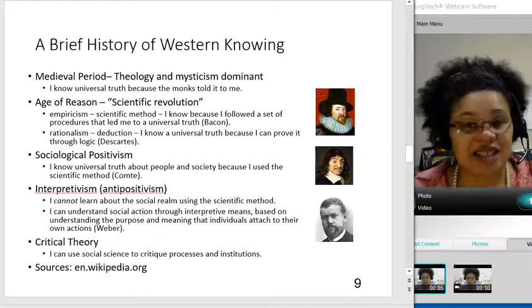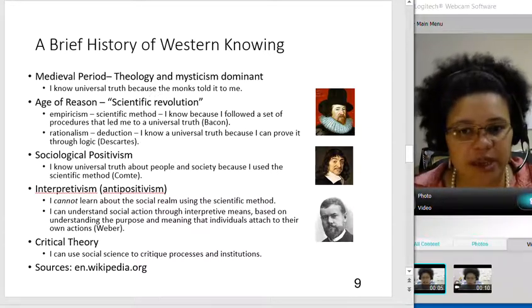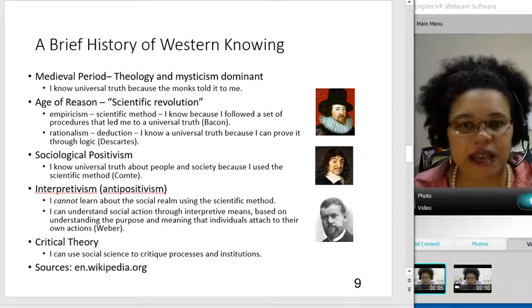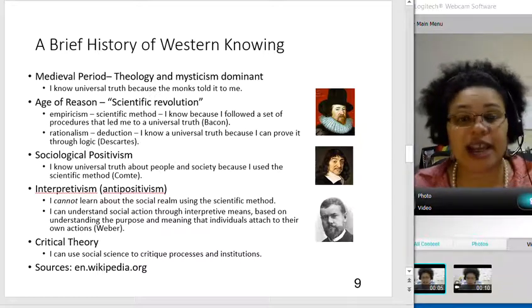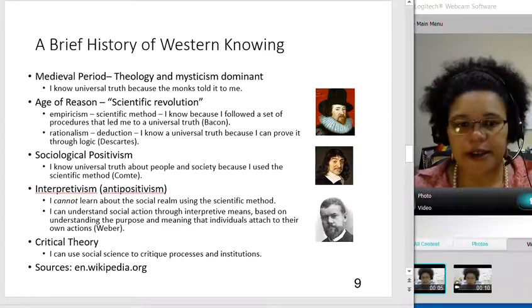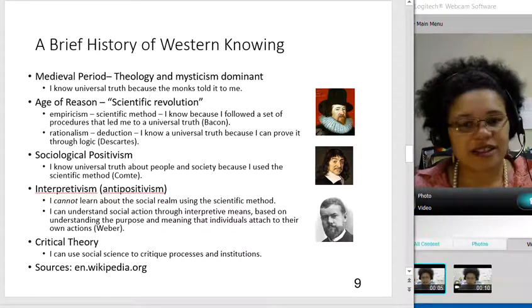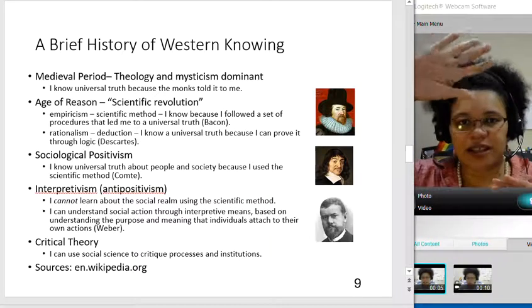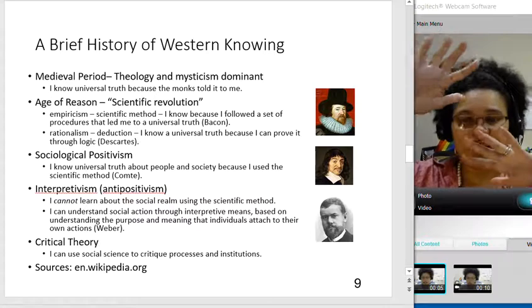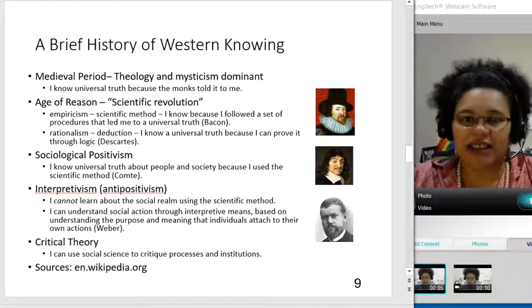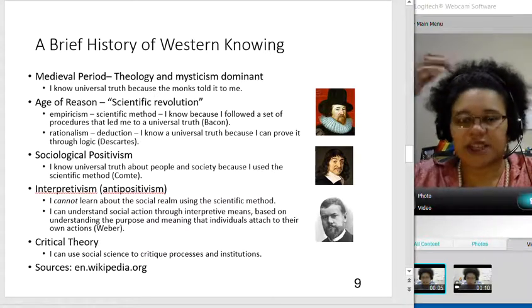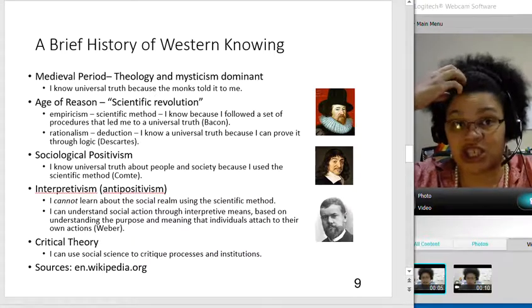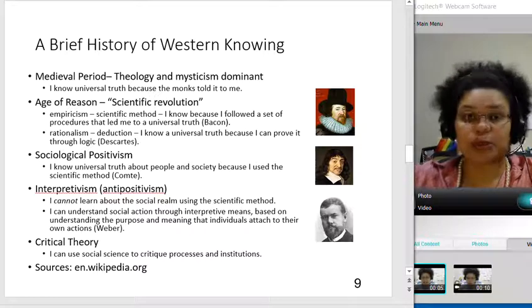I can understand social action through interpretive means based on understanding the purpose and meaning that individuals attach to their own actions, and that's Weber, right? And then, okay, so interpretivism. So we have positivism, then we have interpretivism that says no, you can't just apply this positivistic frame or this positivistic epistemology to people.